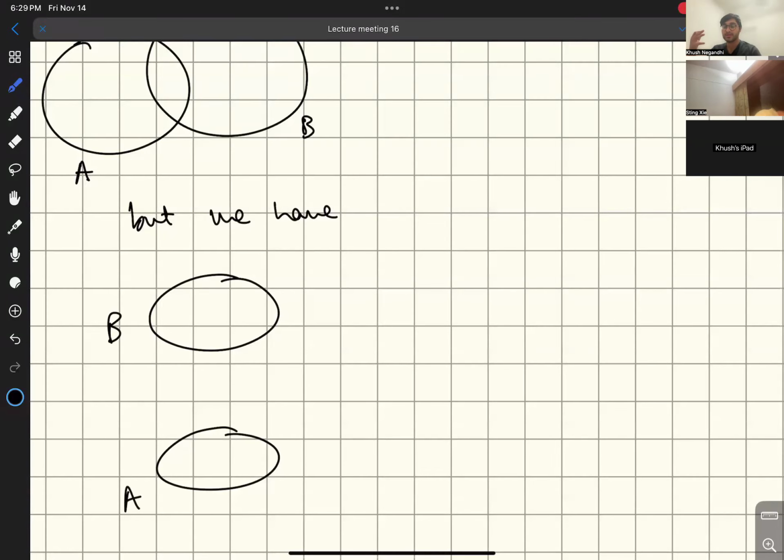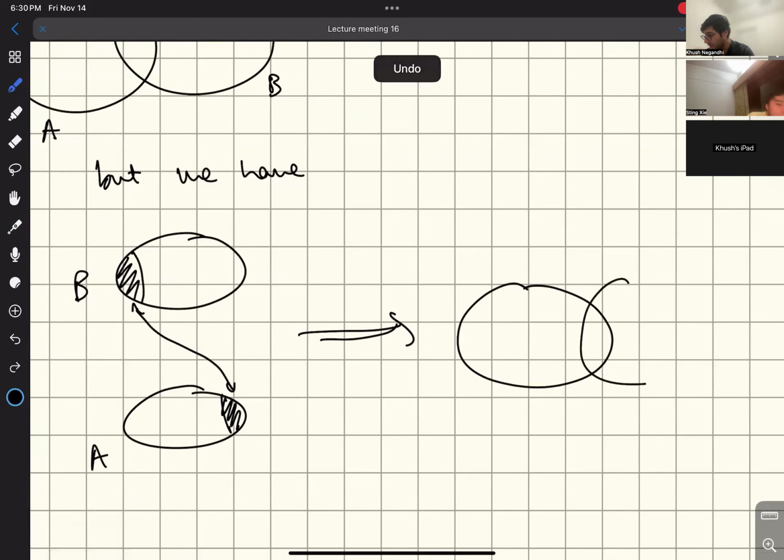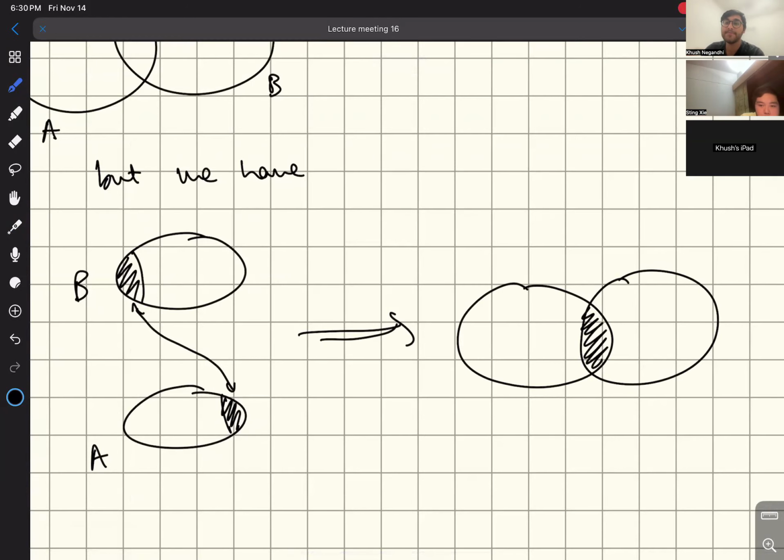They're not touching. So what we need to do is identify this portion of B with this portion of A. If I identify these two portions together, the resulting thing looks something like this, where they're glued on their common intersection.